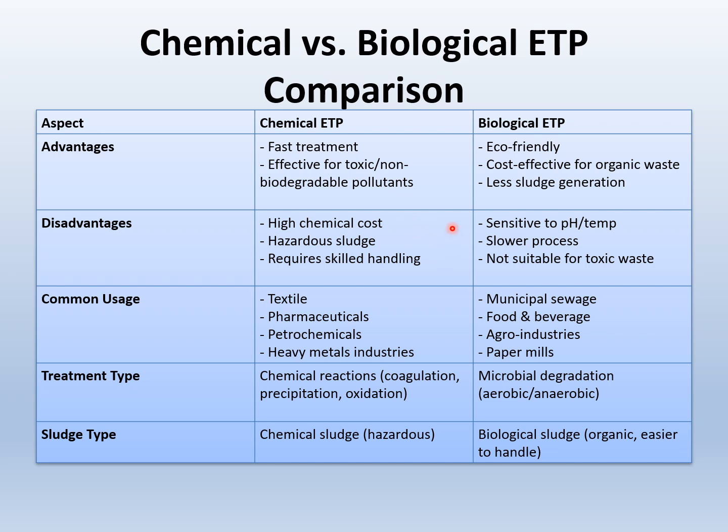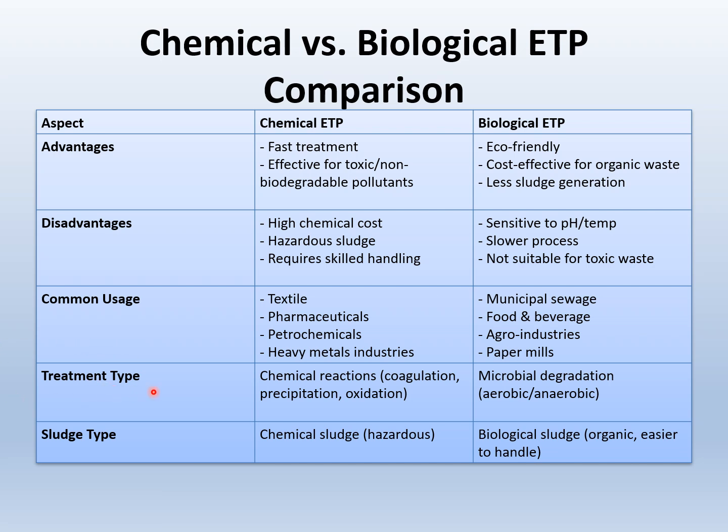Biological ETP is sensitive to pH and temperature, slower, generates large sludge, and is not suitable for toxic waste. Common use: chemical ETP is used for textile, pharmaceutical, petrochemical, and heavy metal industries. Biological is used for municipal sewage, food and beverage, agro-industrial, and paper mills.